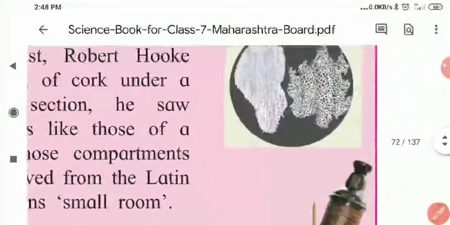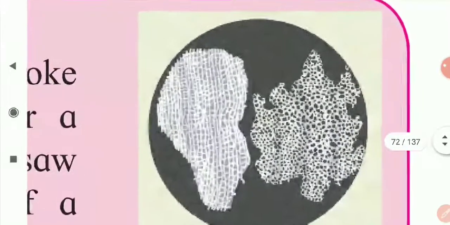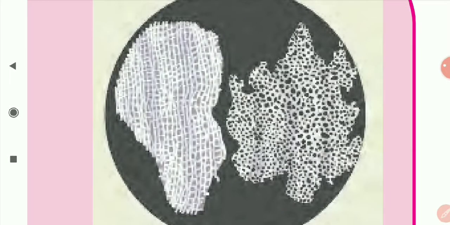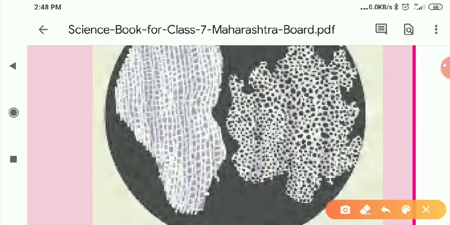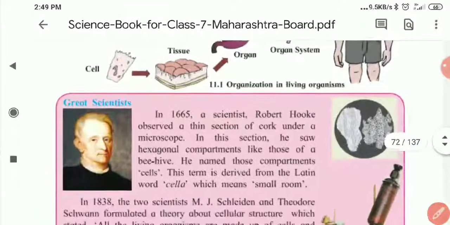If you enlarge this figure, you will notice that small compartments are there. If you have seen a beehive, the hexagonal compartments are there too, and this structure also looks like such compartments. And this was seen by Robert Hooke.